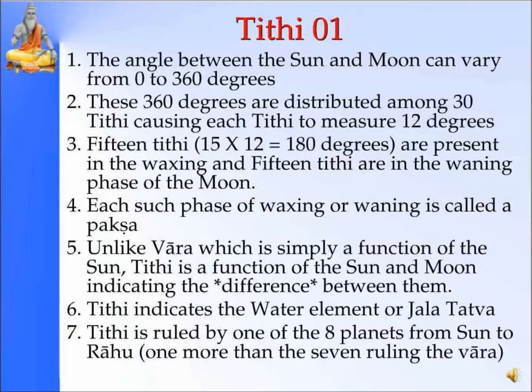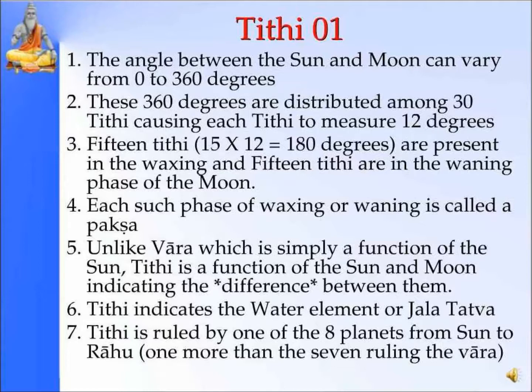First is Sun, second Moon, third Mars, fourth Mercury, 5 Jupiter, 6 Venus, 7 Saturn, 8 Rahu. Then again start, 9 Sun, 10, 11, 12, 13, 14, 15 Saturn.